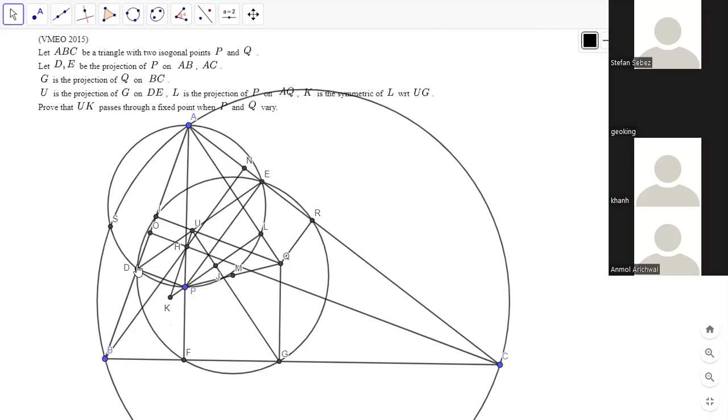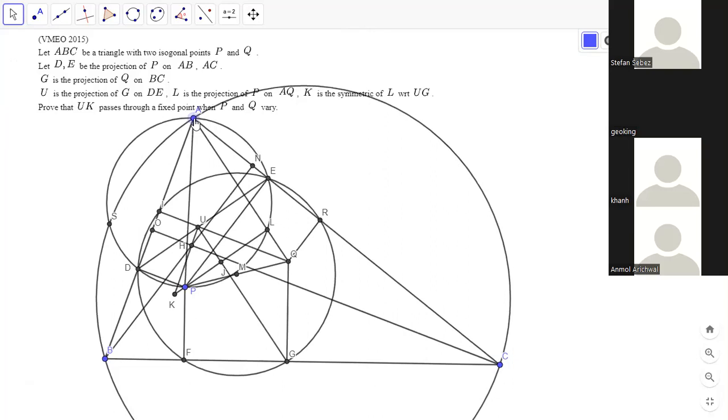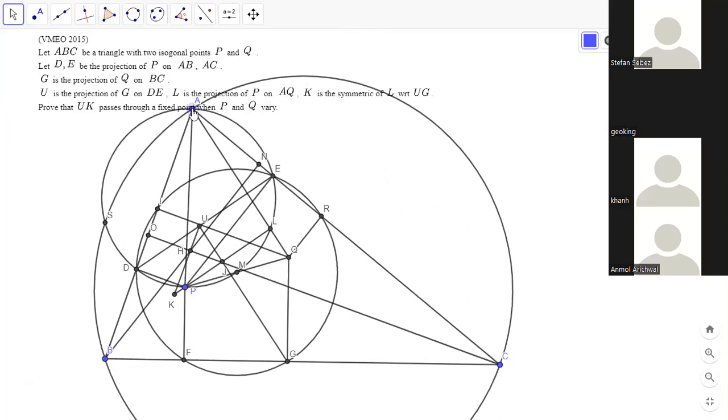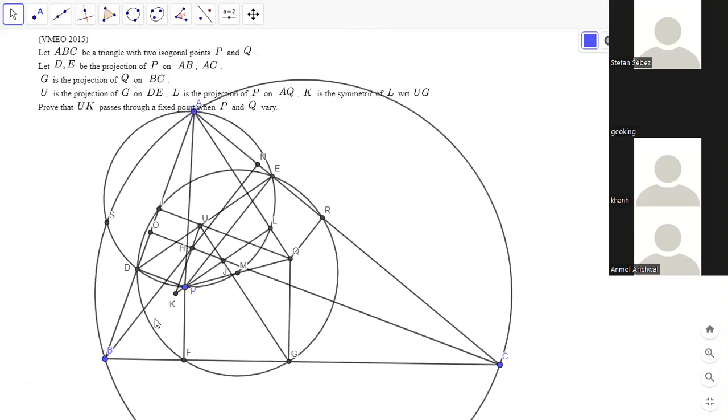Do they lie on the radical axis of these two circles? Which two circles?